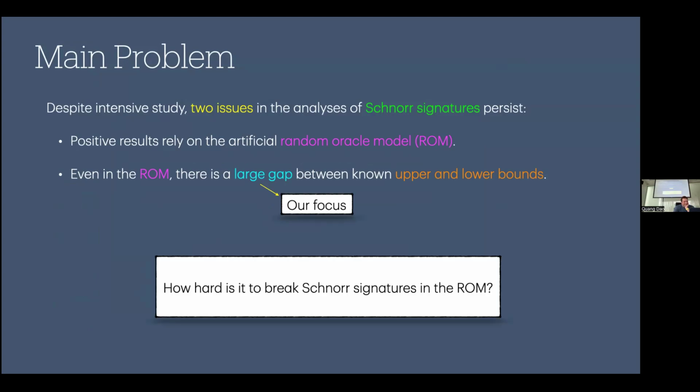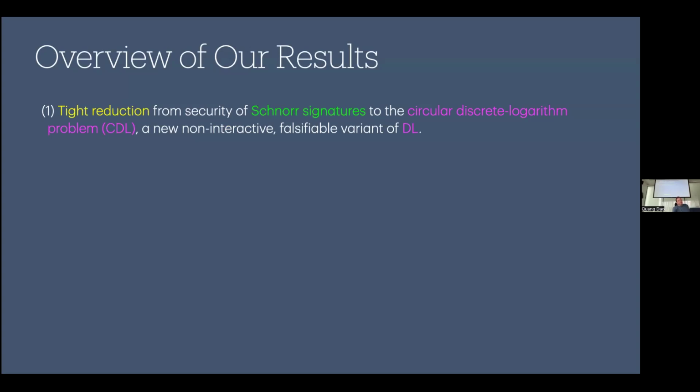Okay. So just to recap, we're asking the question, how hard is it to break Schnorr in the random oracle model? And just to give you a sneak peek of our results, I'll go through a bunch of definitions, but if you want to know basically what we do in this work, we give a tight reduction from security of Schnorr signatures to something called the circular discrete logarithm problem, which is a new variant of the discrete logarithm problem that is also non-interactive and falsifiable, just like regular discrete log.